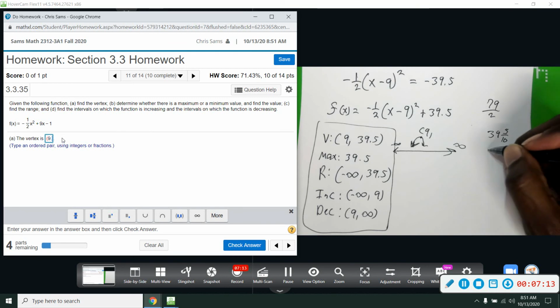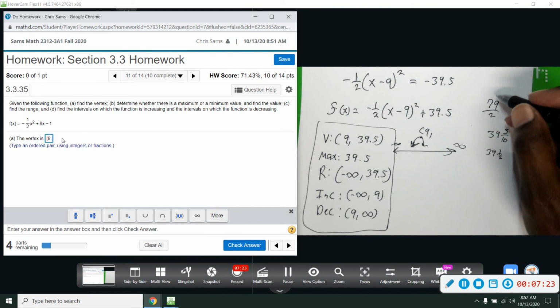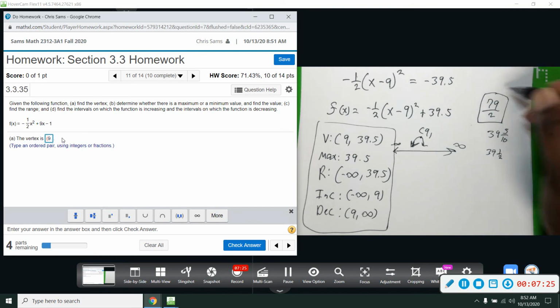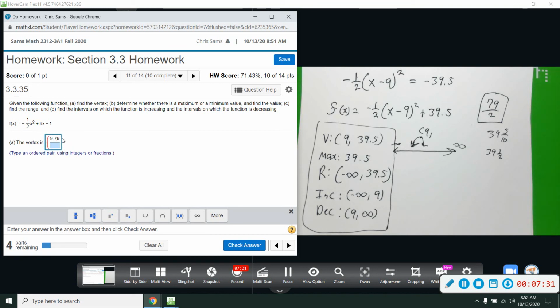This would be 39 and a half. I just changed the decimal part. And then you multiply by 2, and that gives you 78, plus 1 gives you 79 over 2. So that's what I did, kind of mentally, to go from there to there. But we want 79 divided by 2, not the whole thing. 9, comma, 79 divided by 2.